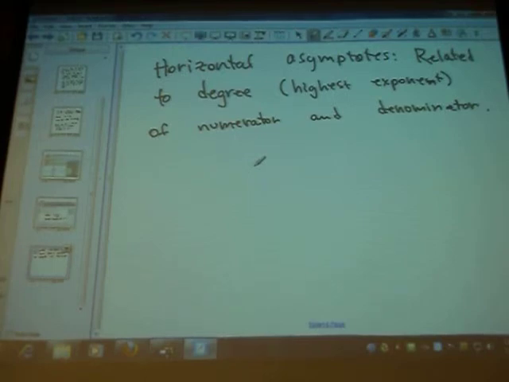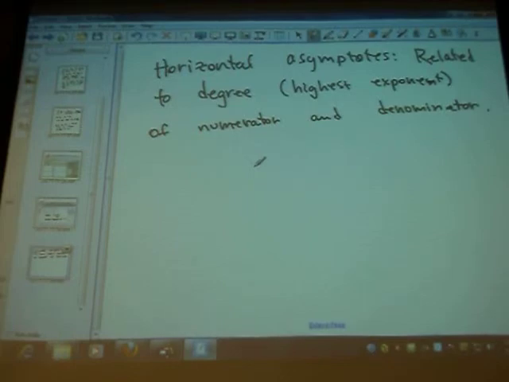How are they related? The degree determines whether or not you have a horizontal asymptote and where it's actually located. So would an odd degree result in a horizontal asymptote? No.